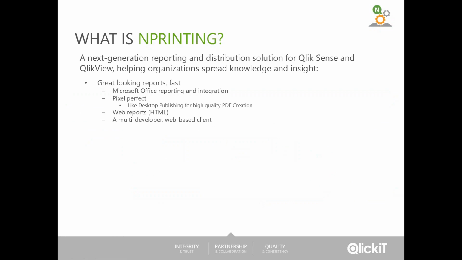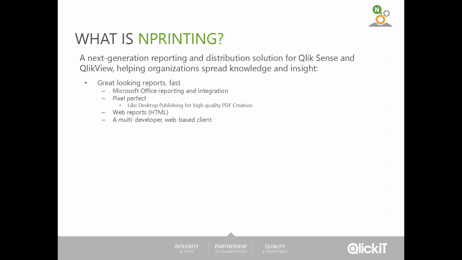So what is NPrinting? Well, for a start, you can create great-looking reports and quickly. It generates Microsoft Office documents, so Word, Excel, PowerPoint. You can also use something called Pixel Perfect.